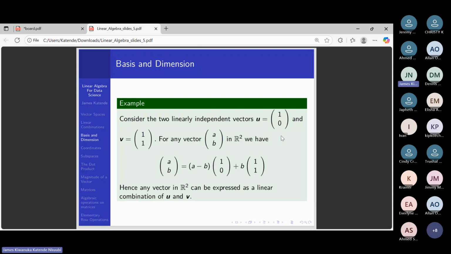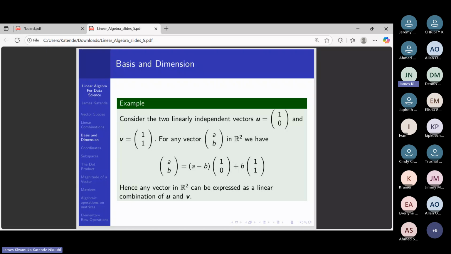It is also linearly independent, and therefore we call it a basis of R2. So you can get many different bases. All you need to get a basis for R2 is to find 2 vectors in R2 that are linearly independent. That will give you a basis for R2.